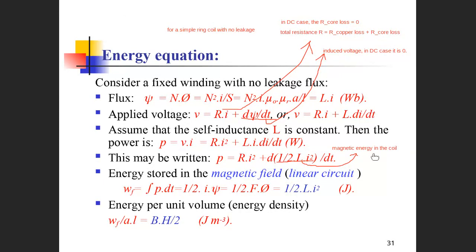This is the magnetic field energy in the coils with the current i.